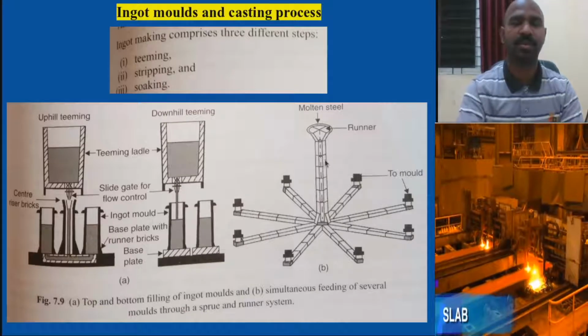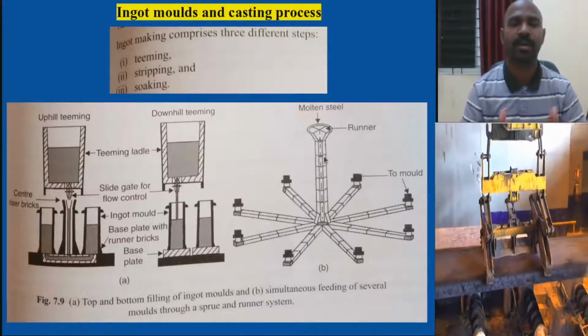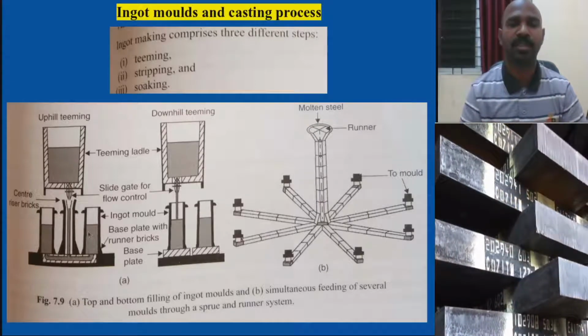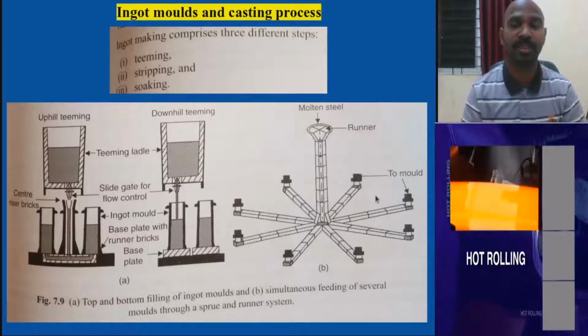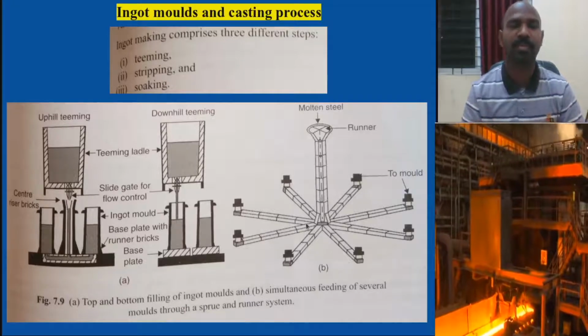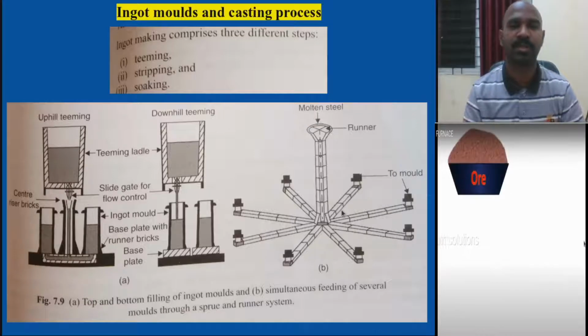The other ingot molding process uses a sprue, runner and gate. You can connect this kind of uphill process extended to many molds, or you can fill simultaneously using this gate. This particular mold is filled simultaneously. You can feed into many molds.